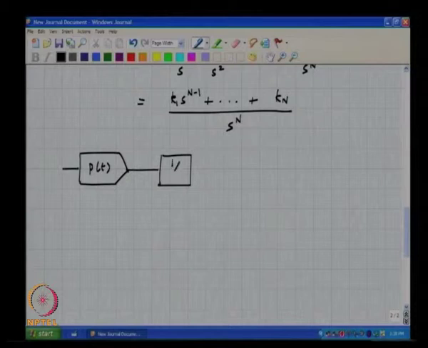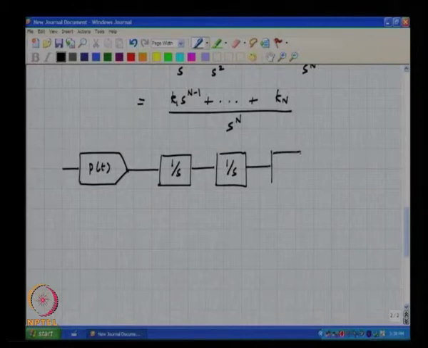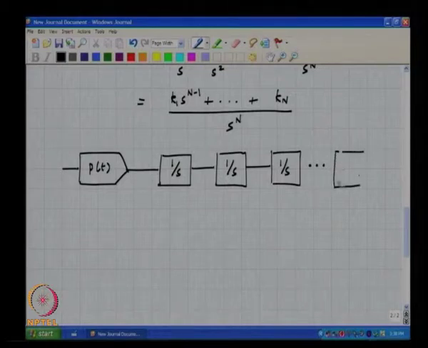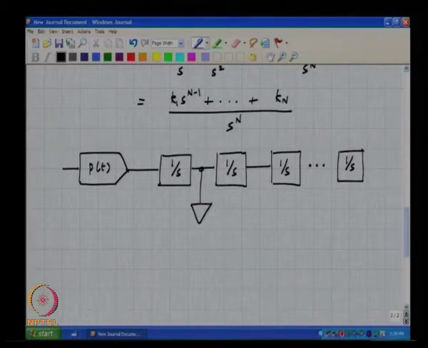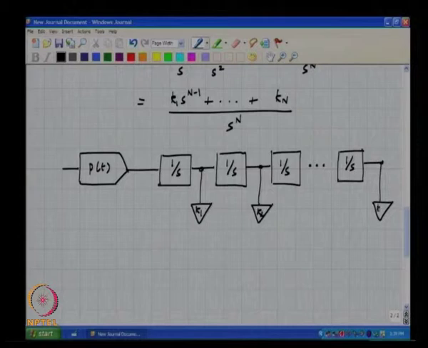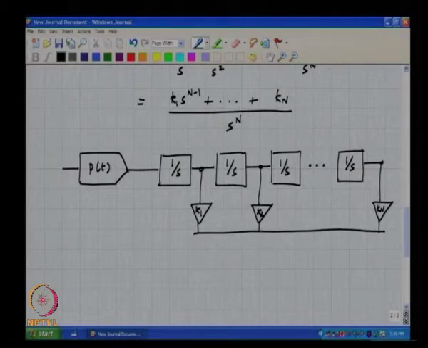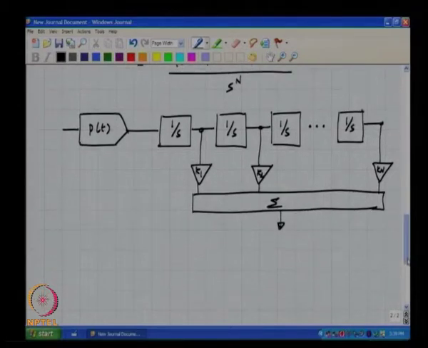I can think of this as a chain of integrators. All right.